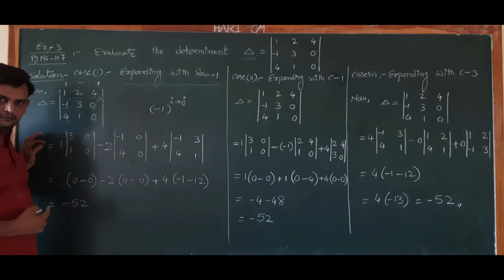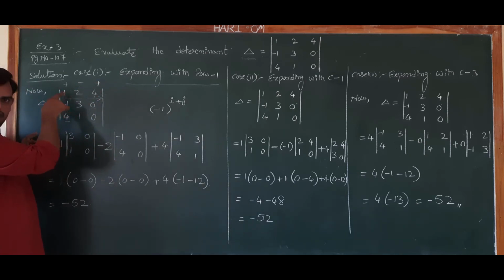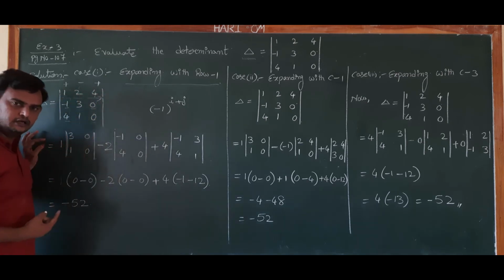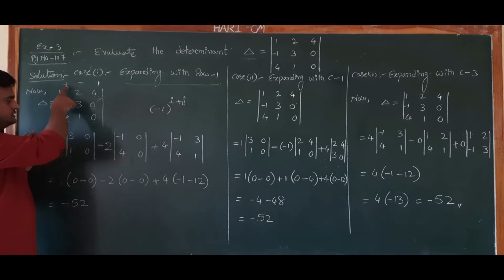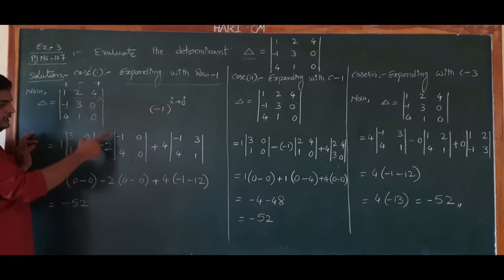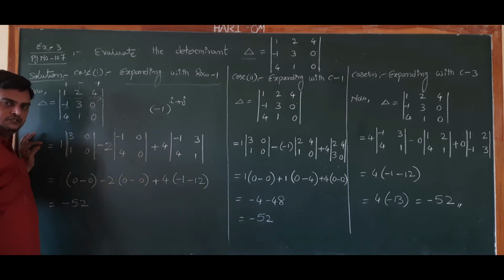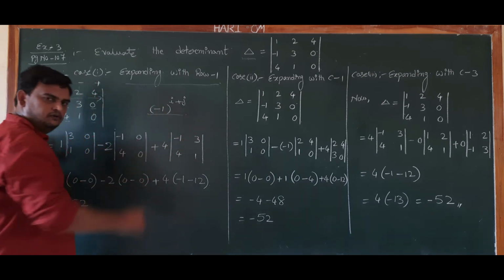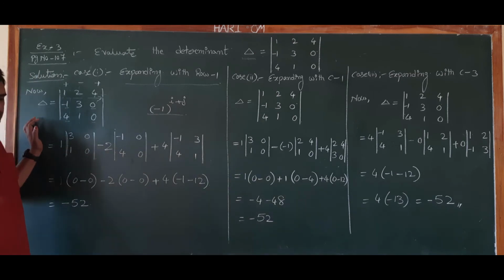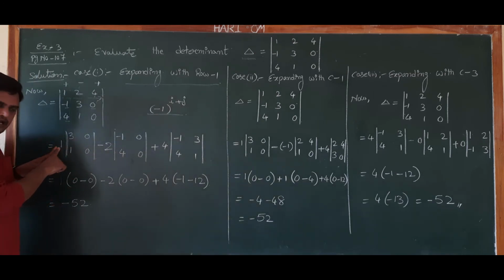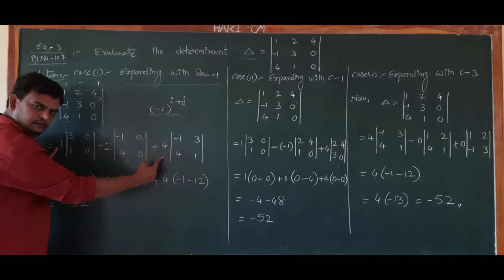Alternate signs will come. The first element is even, the second element is odd, again even. Even, odd, even, that kind of alternation comes. So first plus, second minus, again plus. So directly we can do this. We need not write minus 1 power i plus j every time, so I am directly taking plus value, minus value and again plus value.